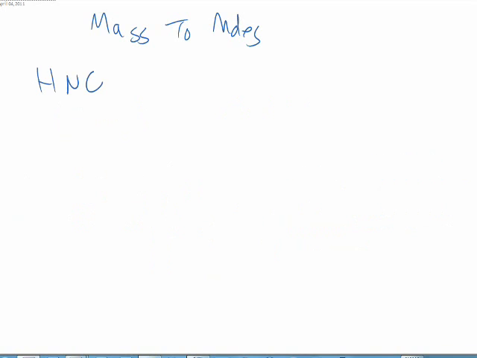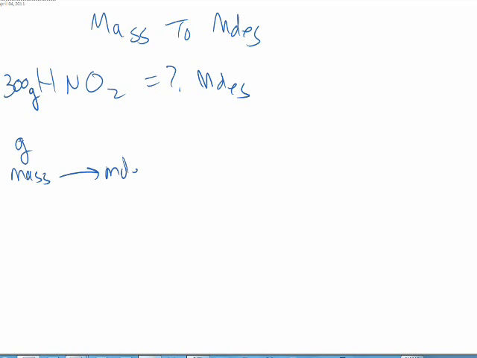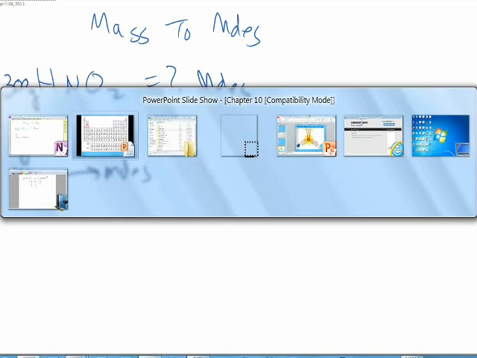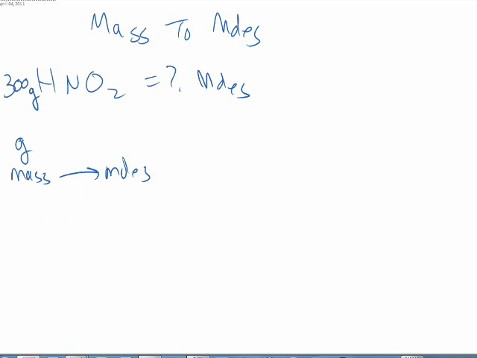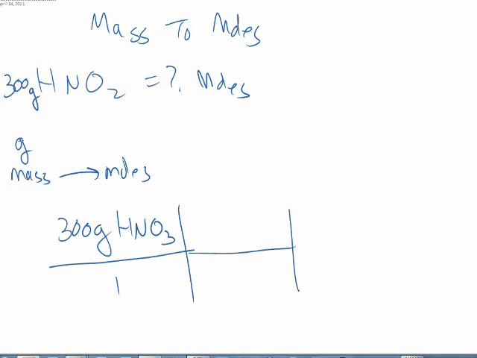Okay, let's try nitrous acid. Let's say we have 300 grams of nitrous acid. How many moles is that? If we're going from grams, which is a mass, to moles, we're going to multiply 300 grams over 1 by 1 over the molar mass, which is 1 mole.